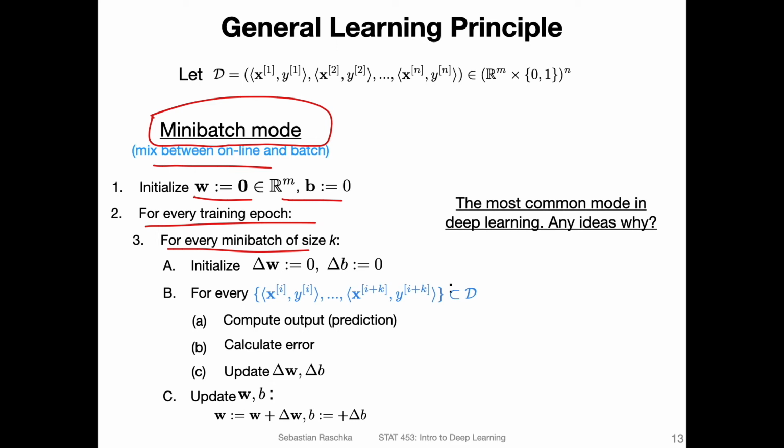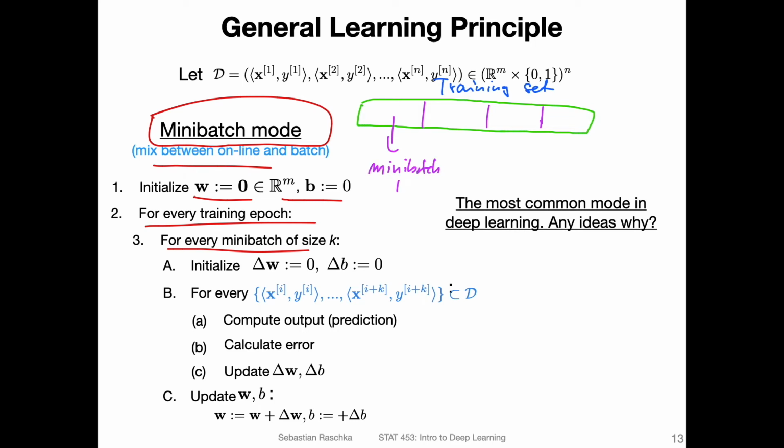So what is a mini-batch? A mini-batch is a chunk of the data set. So if this is my training set, you can think of a mini batch as a smaller chunk of the training set. So this would be mini batch 1, mini batch 2, 3, and 4.